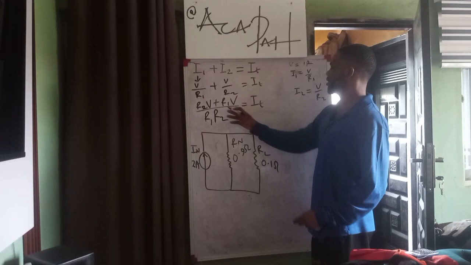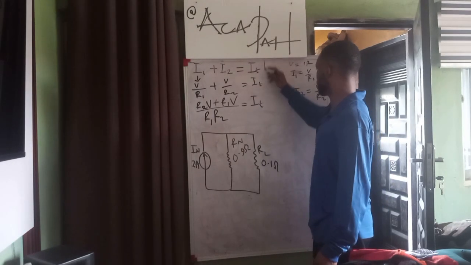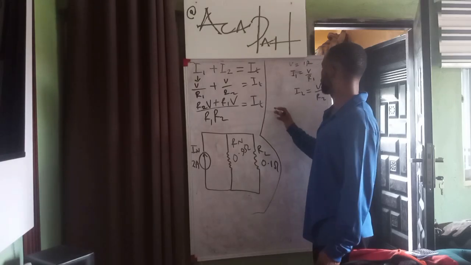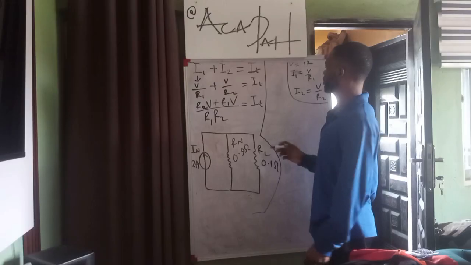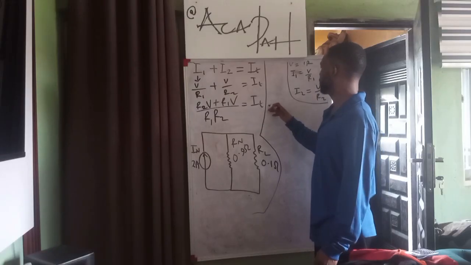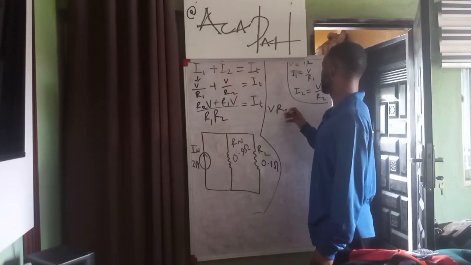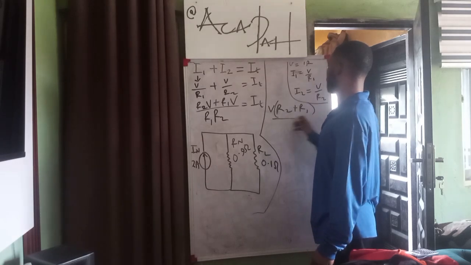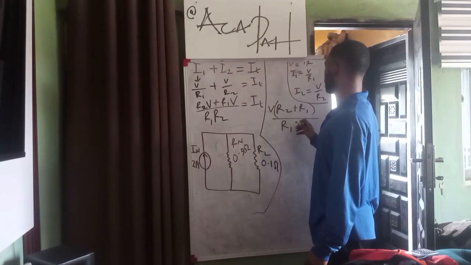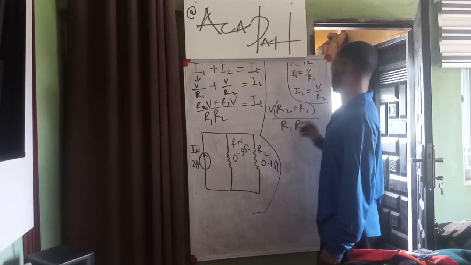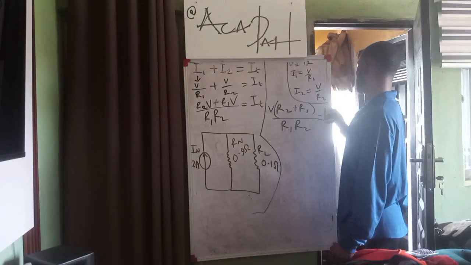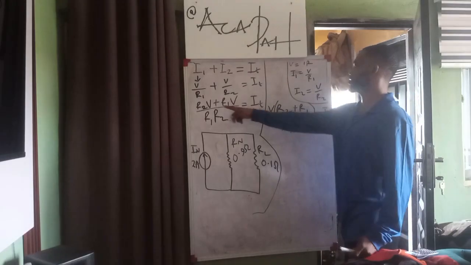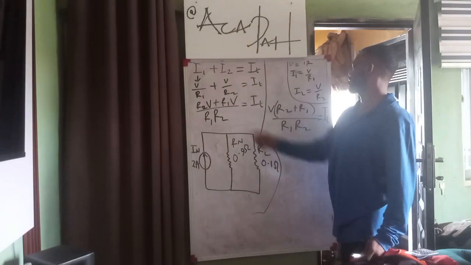Now let me continue this here. Remember we already know this, this is going to be the same thing as saying V into R2 plus R1 all over R1 R2 equals IT.